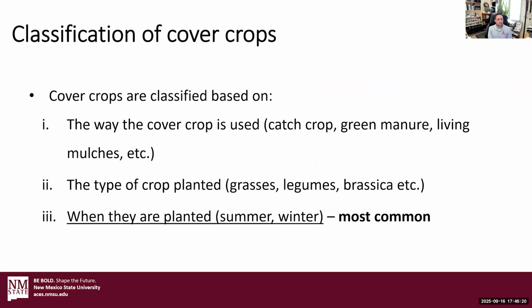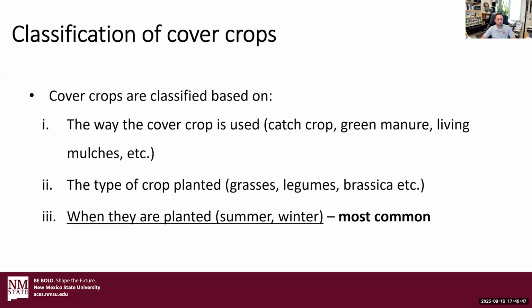And so to classify cover crops, there's three main ways. The first way is the way the cover crop is used, whether it's like a cash crop, green manure, or a living mulch. The other is breaking it down into the type of crop planted, whether it's a grass, whether it's a brassica, or whether it's a legume.